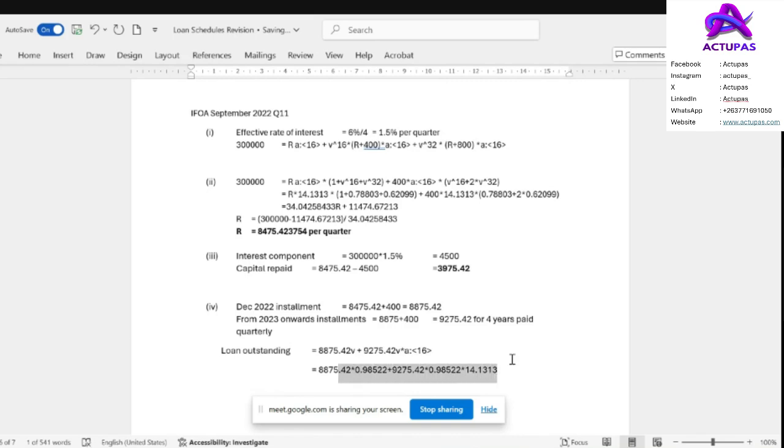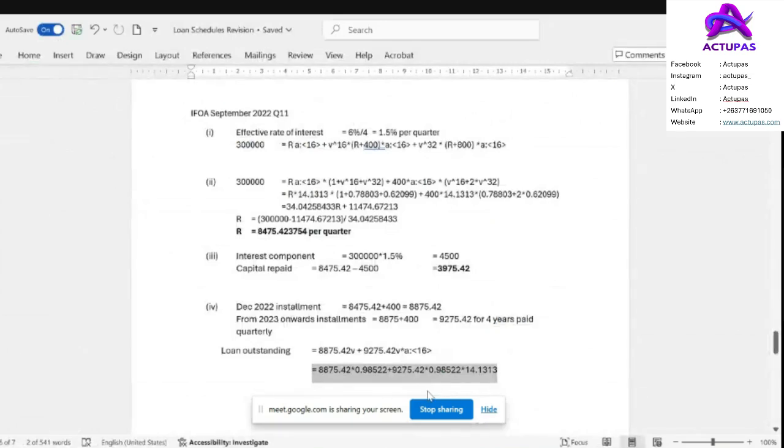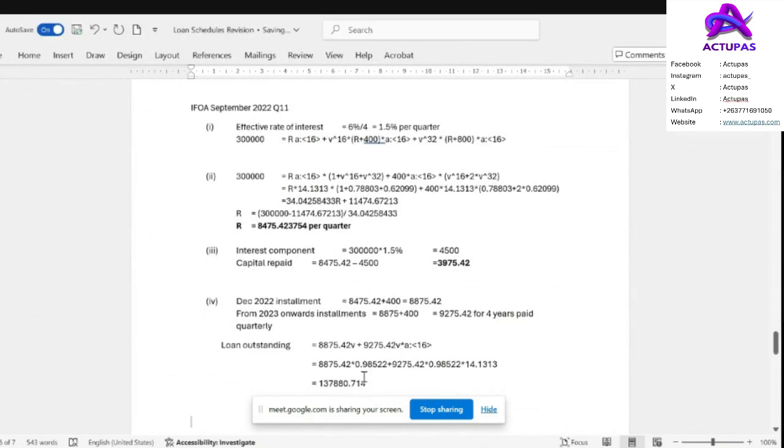You copy all this, copy and paste it here, and this would be your loan outstanding. This would be your solution for part 4 of the question.